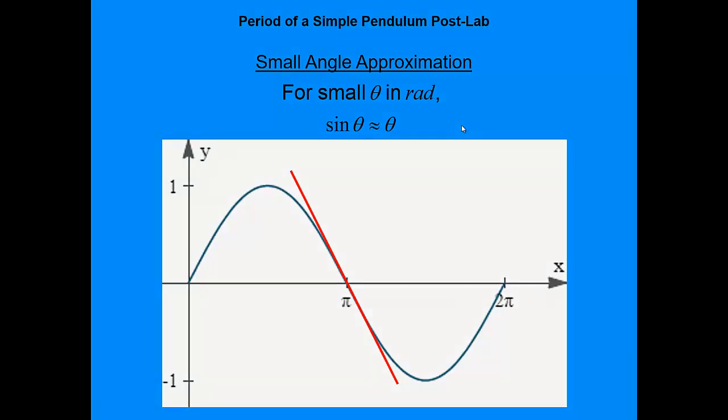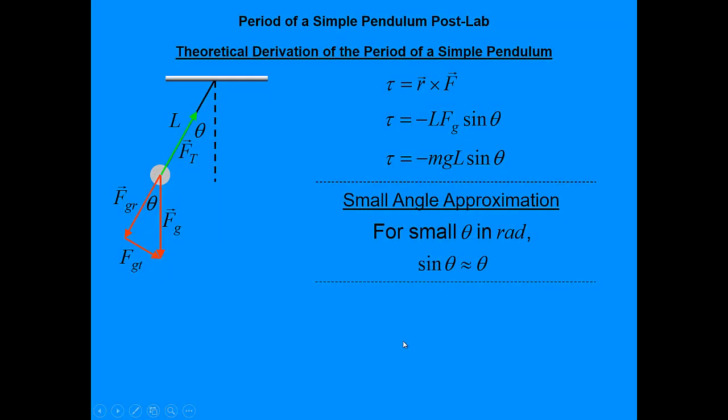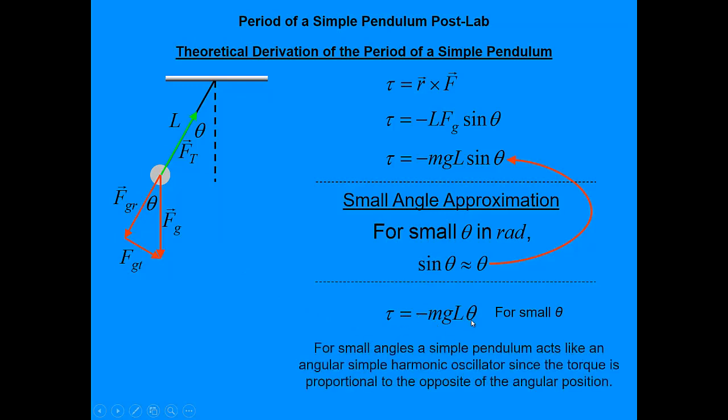Okay? So, if we assume that we're only going to use this simple pendulum for small angles, and we plug that in, now we get a period which is proportional to the opposite of the angular displacement, and therefore will act like a simple harmonic oscillator. It'll act like the torsion pendulum, an angular simple harmonic oscillator. So this is an important thing, okay?